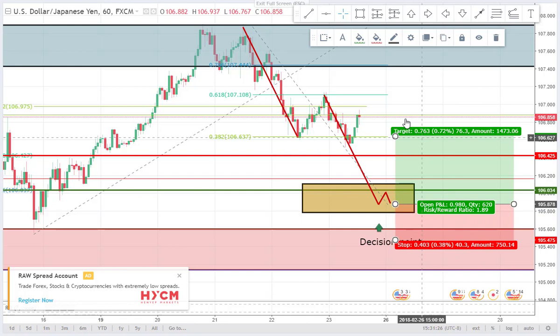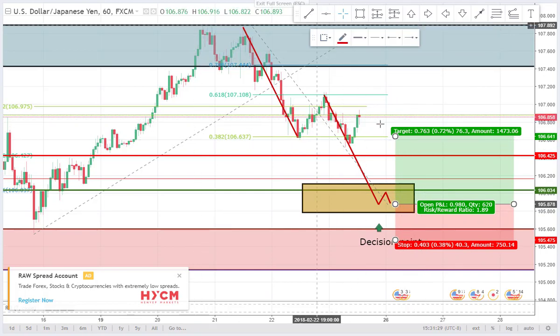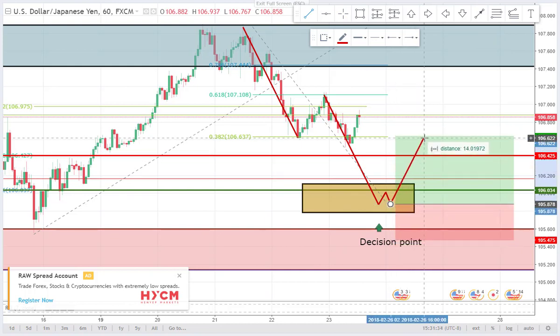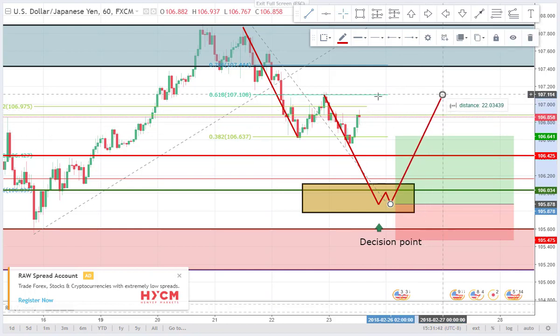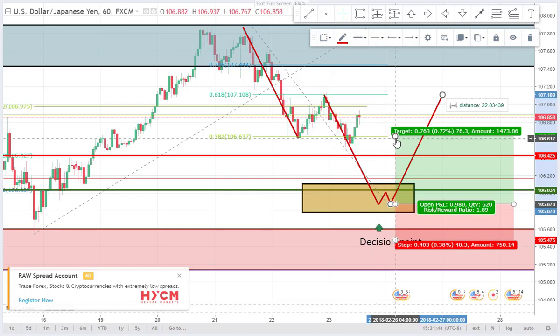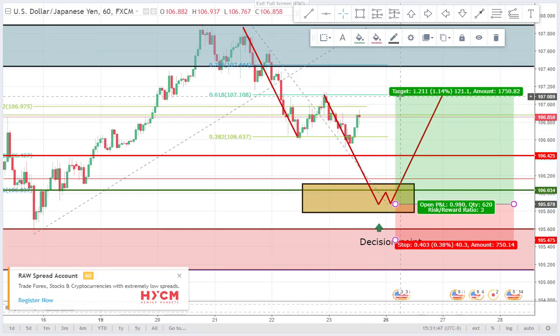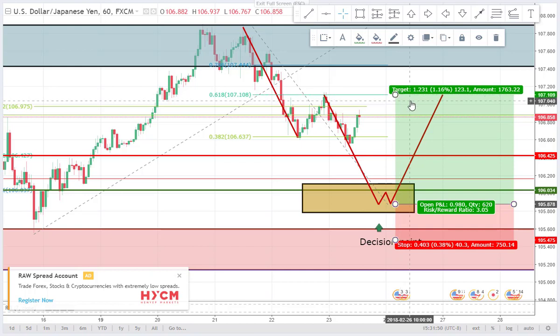And if price action does decide to push up, you might be looking to take a continuation of more profits back to our 1618. This is our second potential take profit, where you increase profit to a total of 123 pips.